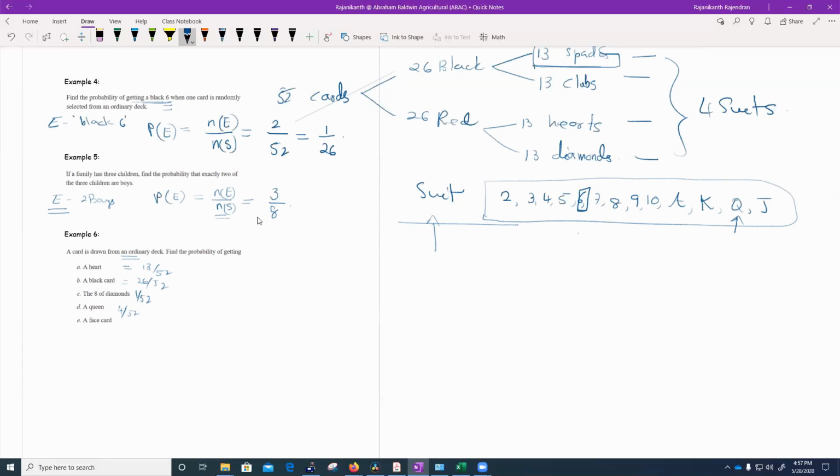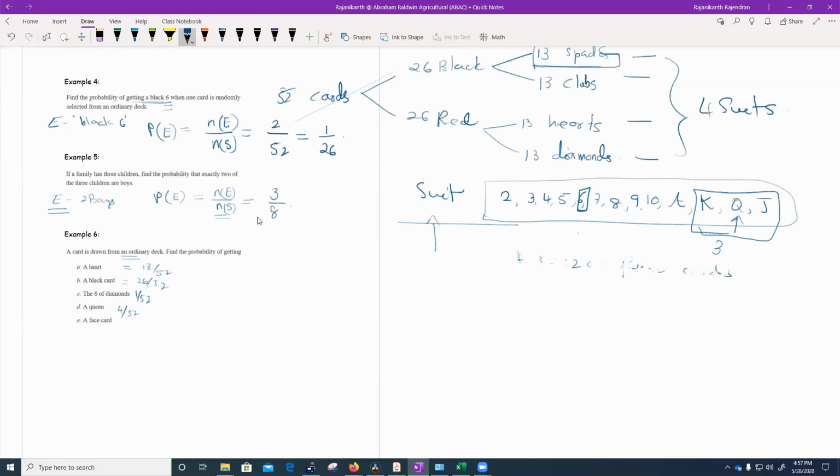So the next one, the last one, the face card. Remember, these 3 are the face cards we have in the card pack: king, queen, and jack. For each suit, there are 3 face cards, and there are 4 suits. Therefore, 4 times 3, which is 12. The 12 face cards in total out of 52.